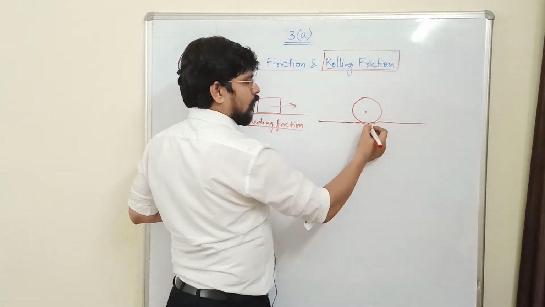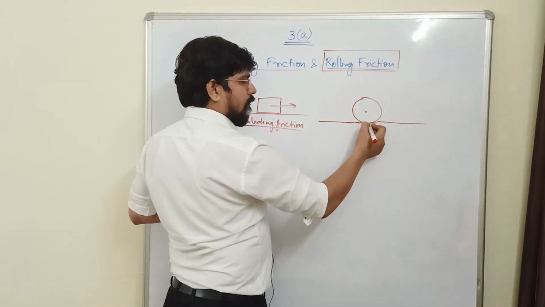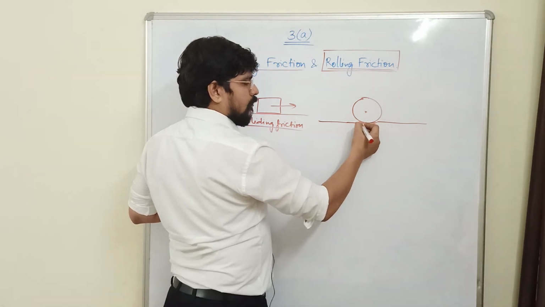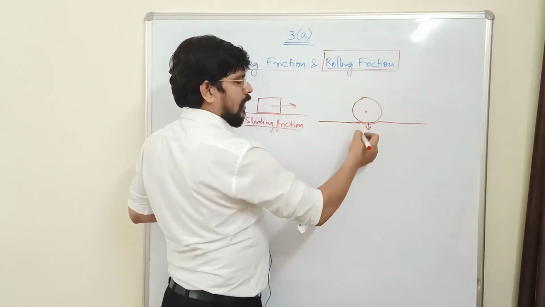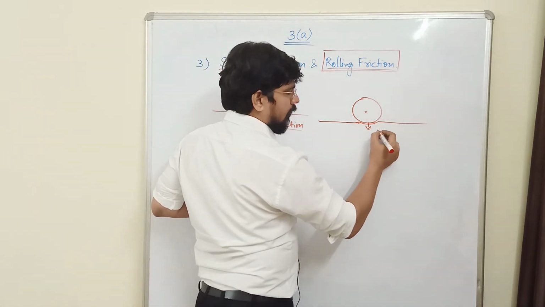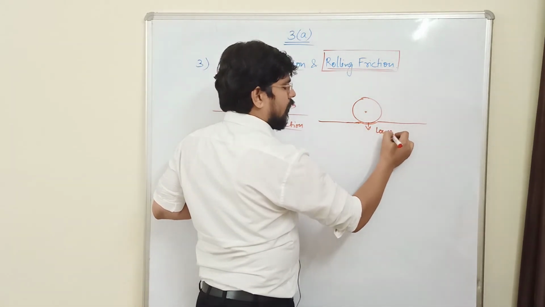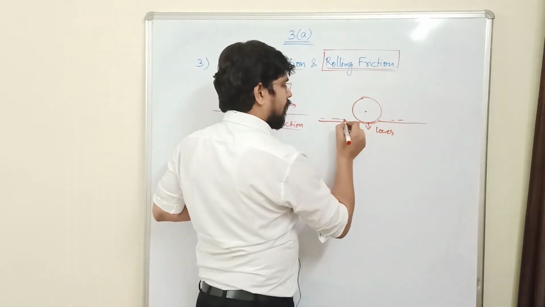So the surface below that round spherical or circular object will create a depression here, and this depression will make the surface below the wheel at a little lower level compared to the remaining surface.